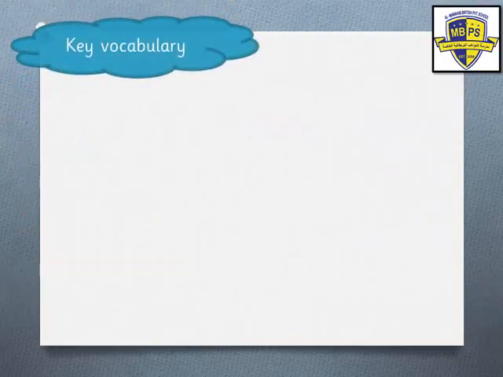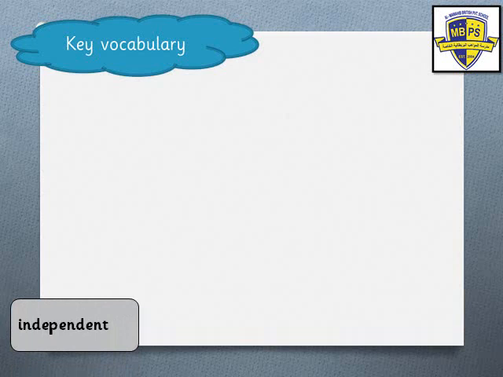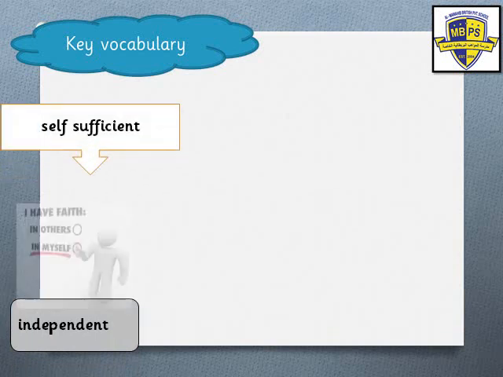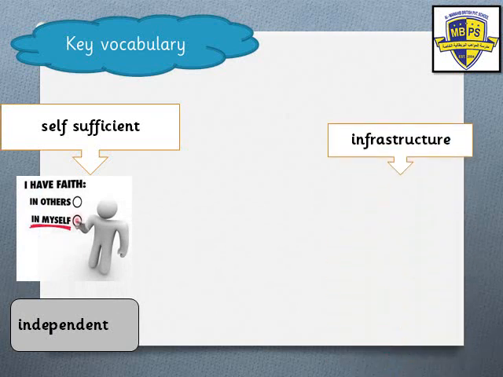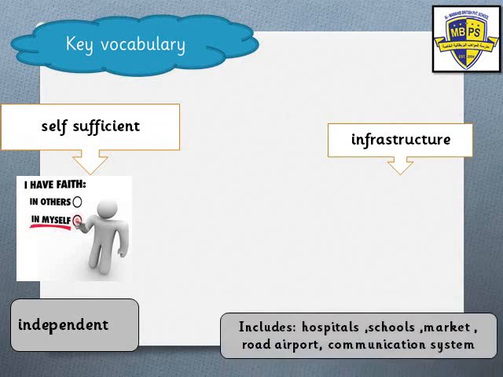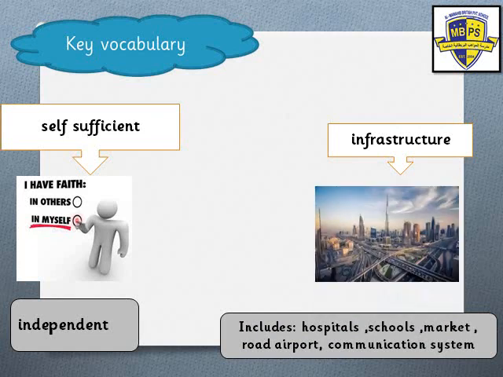Let us complete the new words. Independent, self-sufficient, that means you are free from outside control. Next word, infrastructure, which means hospitals, schools, markets, roads, airports, communication system.